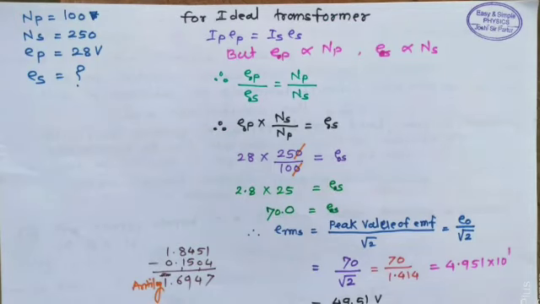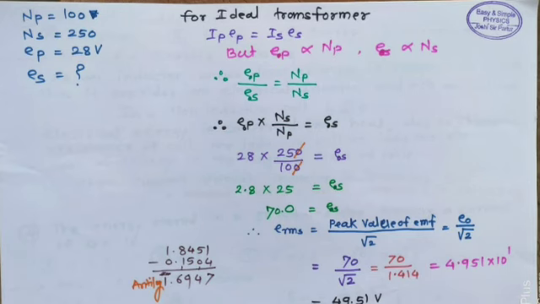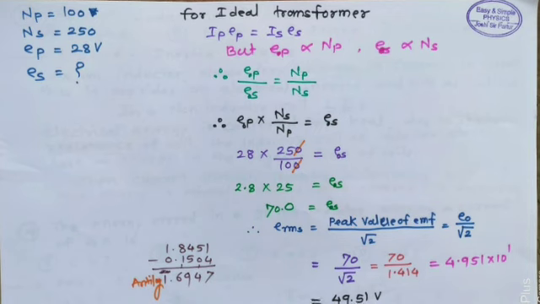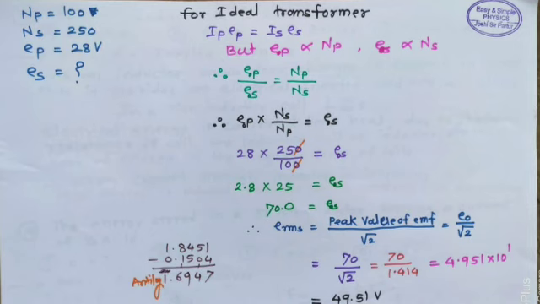Question number 2. An ideal transformer has 100 turns in the primary and 250 turns in the secondary. The peak value of AC is 28 volt.